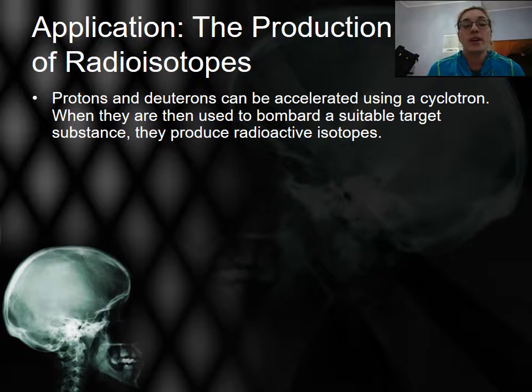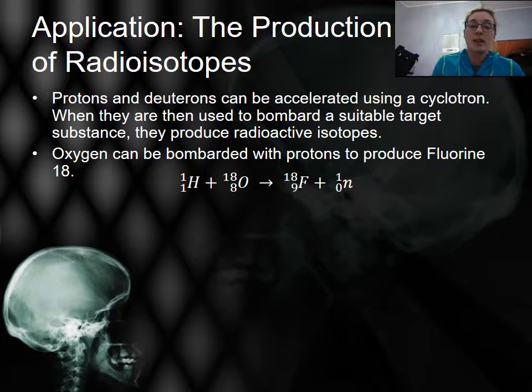Alright, so following on from our magnetic and electric field section, when we talked about cyclotrons, cyclotrons actually pop up again in this section of the course. So protons and deuterons can be accelerated using a cyclotron, and then they're used to bombard a different type of substance to produce the radioactive isotopes. So for example, if we have oxygen as our target substance, we can accelerate protons using the cyclotron, and the oxygen can be used to produce a radioisotope of fluorine.